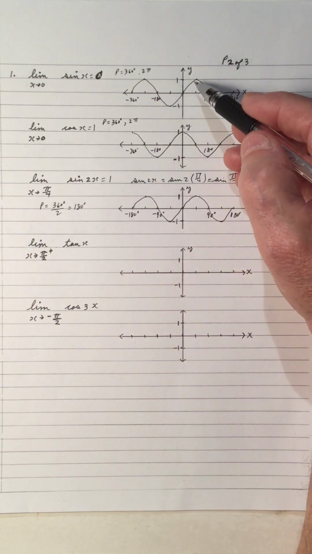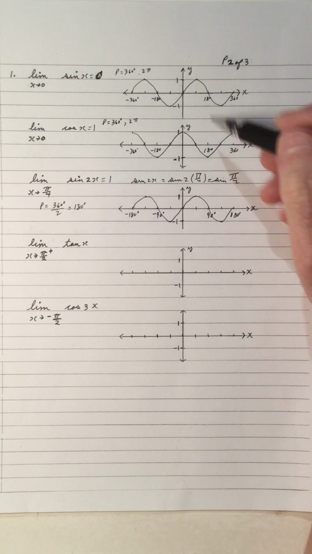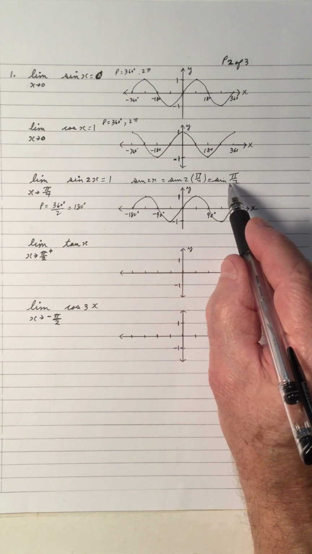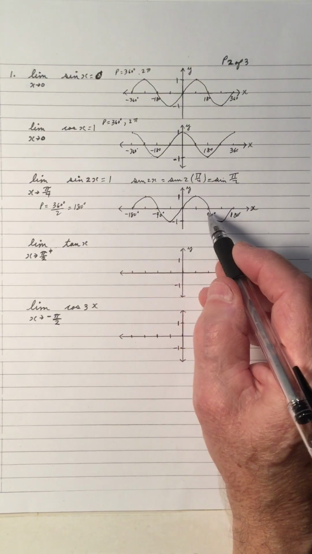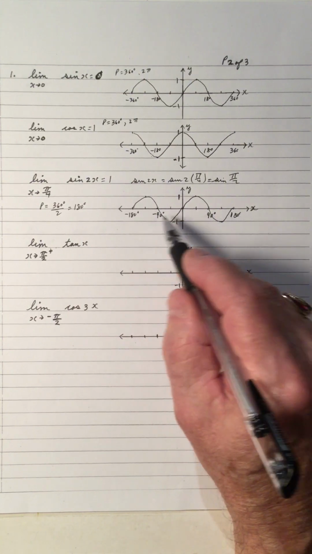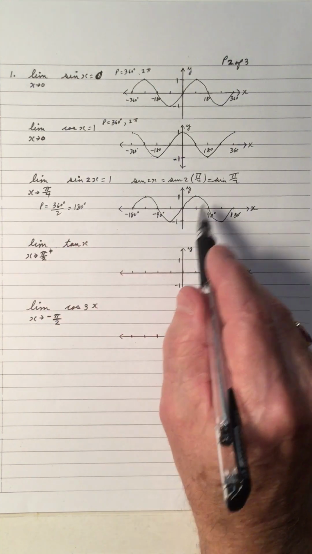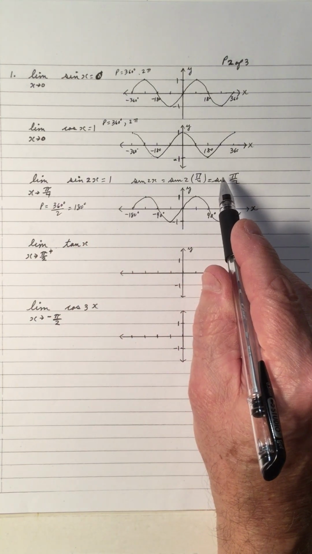And the sine of pi over 2, which is 180 divided by 2, or 90, gives us a 1. So if you do it this way, you quickly get a 1. If you do the graph, it's more understanding, and it explains what the sine of 2x is doing. So either you can graph it, or this is the fastest way.